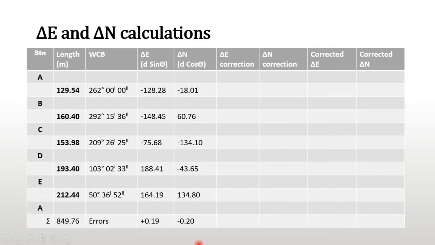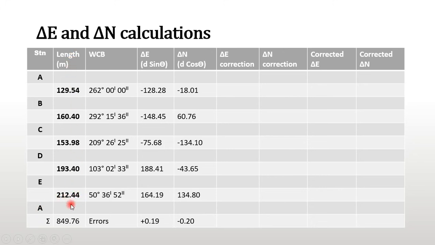In the previous example, you can see that we have the distance AB, which is 129.54 meters, and BC is 160.4 meters, and you have CD, which is 153.98 meters, and also DE, which is 193.40 meters, and then EA is 212.44 meters.